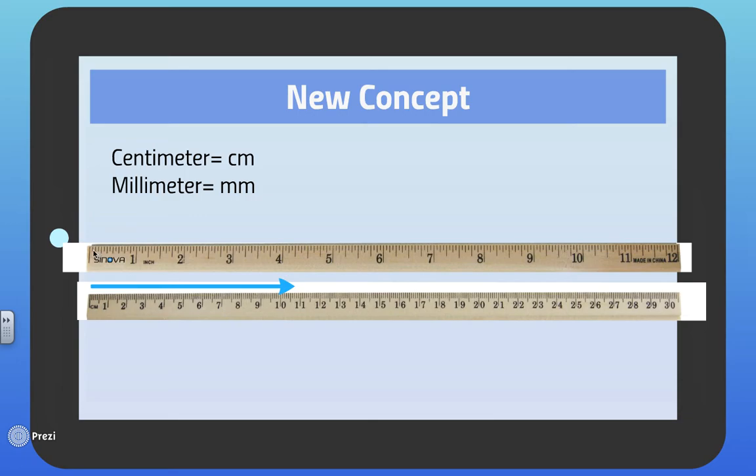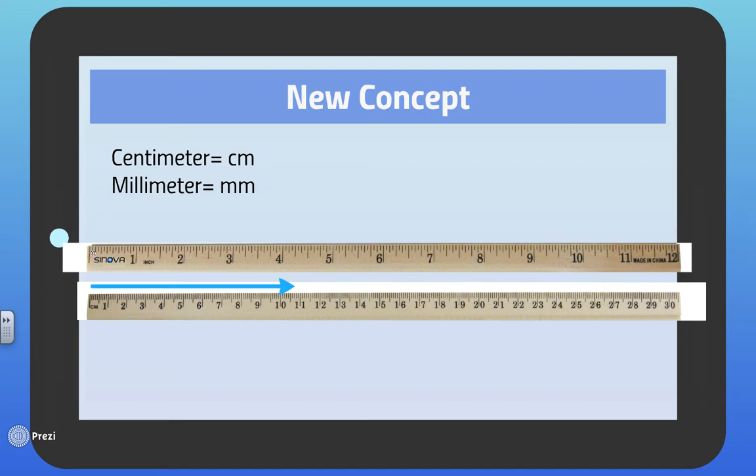If we count this, we have 1, 2, 3, 4, 5, 6, 7, 8, 9, 10, 11, 12, 13, 14, 15, 16 marks. Okay, most rulers are divided into sixteenths. So if you were here, you would be 2 out of 16ths. That would be your fraction, 2/16 of an inch.